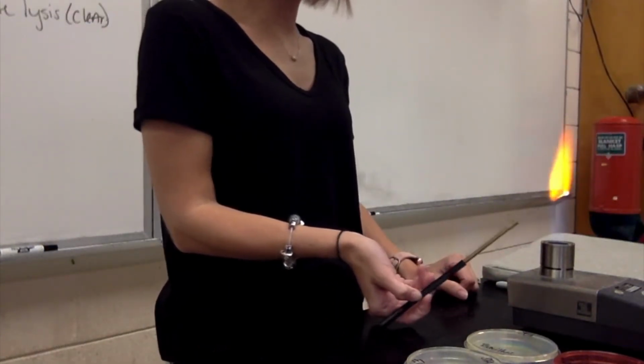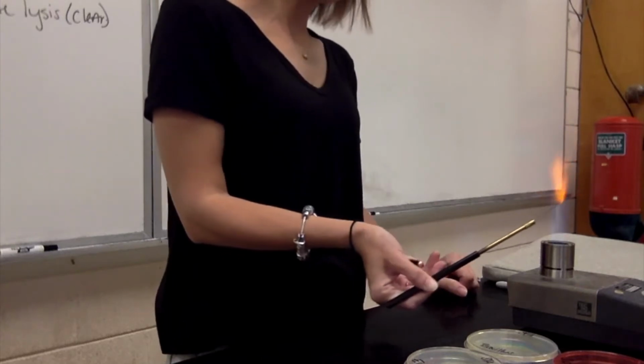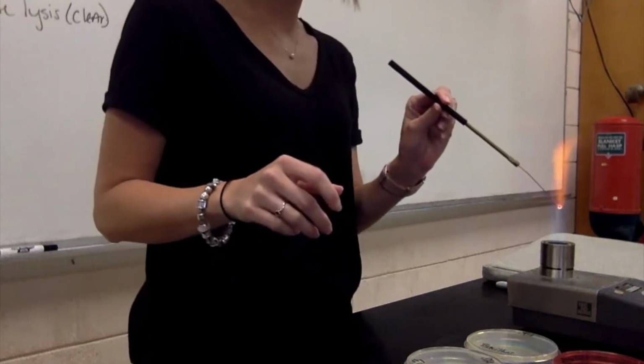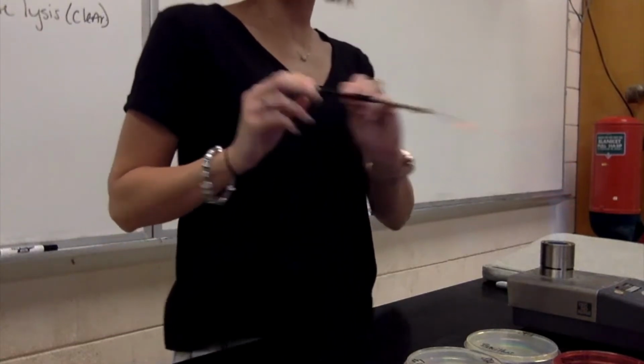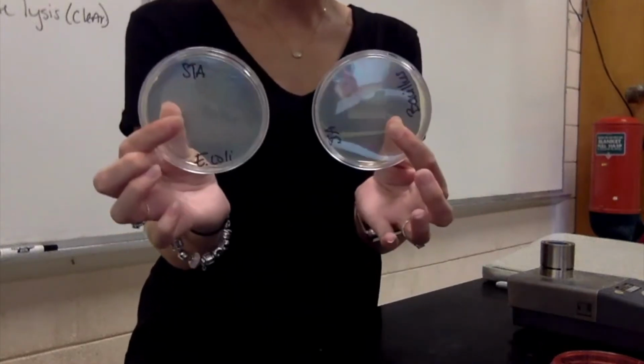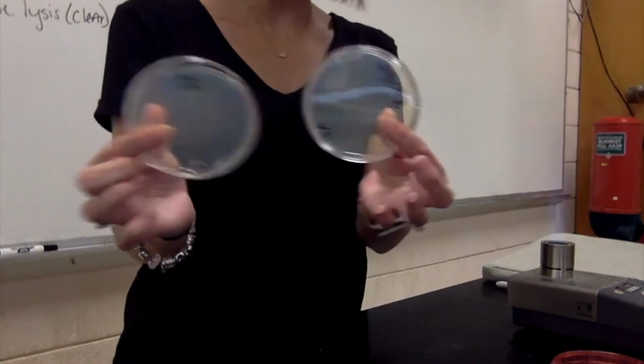I'm going to go ahead and do my starch plates next. Again, these are inoculated the same way. It's still a line straight down the center. And the bacteria are also the same. I've got my Bacillus and I've got my E. coli. So I'm going to do a line of the E. coli and a line of the Bacillus.